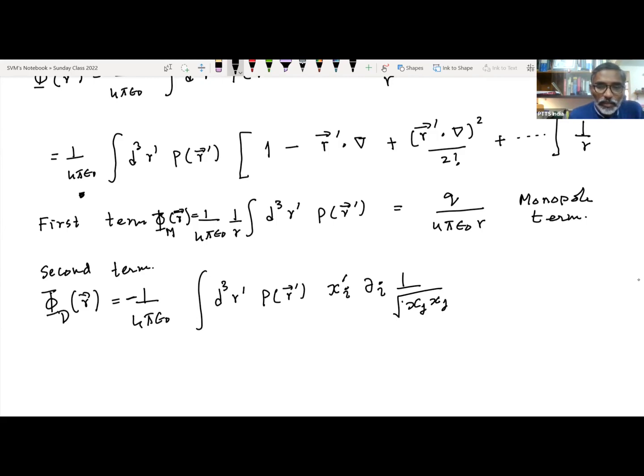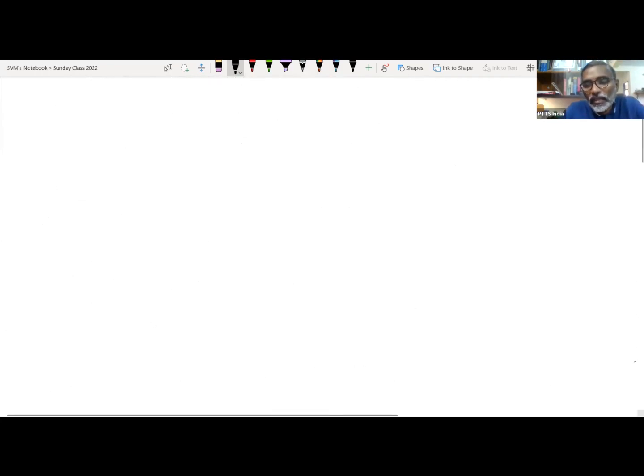So this quantity is something that I have to evaluate, and this evaluation is independent of the integration because it does not depend on primed coordinates. This is in terms of unprimed coordinates. But in fact, I have already evaluated this, because it is the first problem that I looked at in today's class.